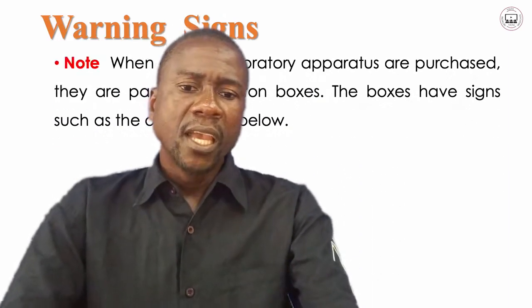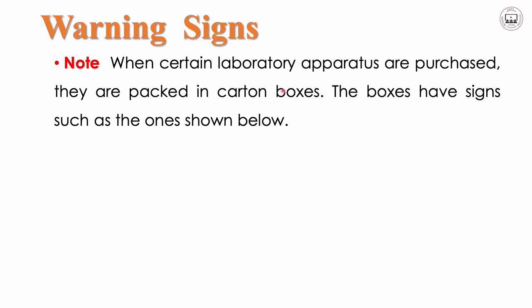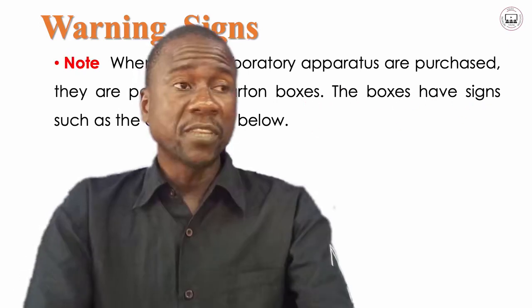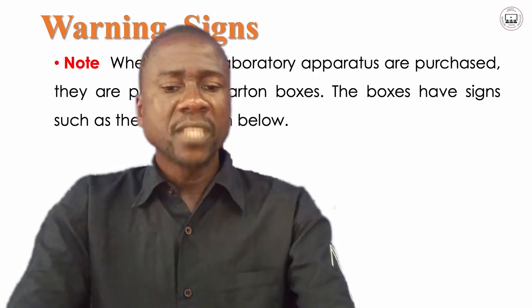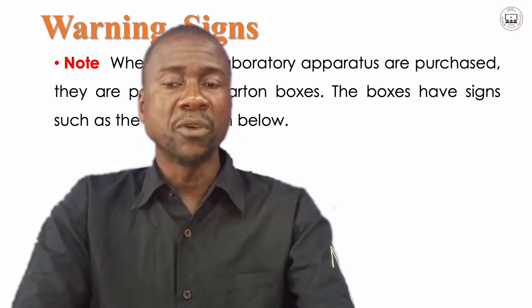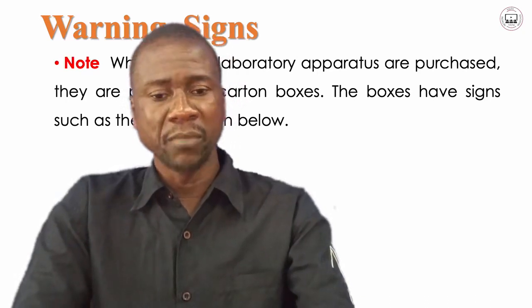And furthermore, you should note this. When certain laboratory apparatus are purchased, they are packed in carton boxes. The boxes have signs, and I'll show some of them below. Those signs are also supposed to be taken note of, because you will not find them in the laboratory.